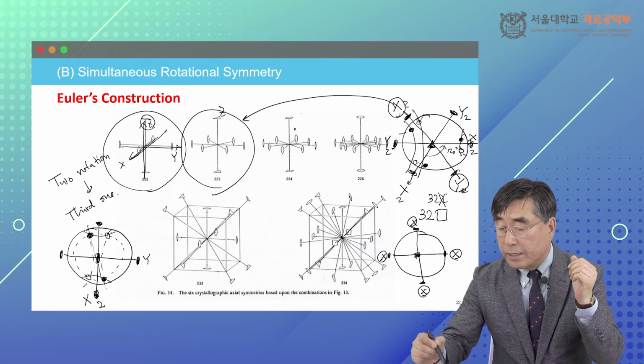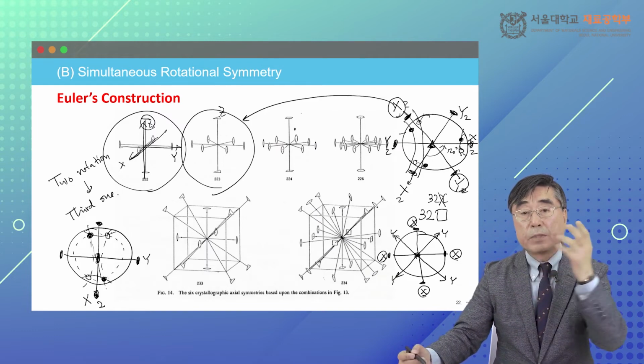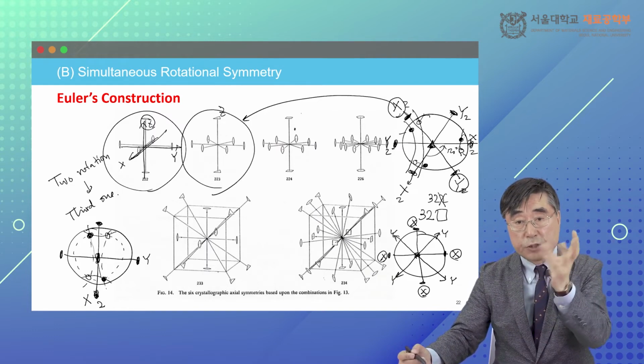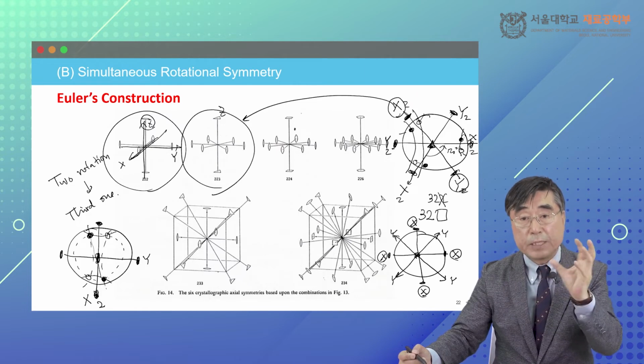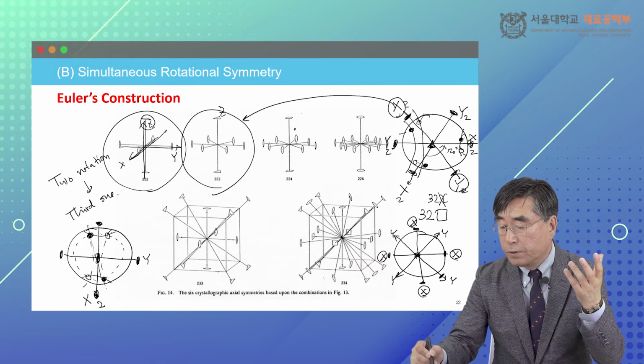Okay? Then in between these 2-folds, I generate other poles, which is what we call the y-axis. And all the y-axes are the same thing because the 4-fold rotational symmetry generates 4 same symmetry elements in there. Okay, so this is 2-fold, 2-fold, 2-fold, 2-fold.